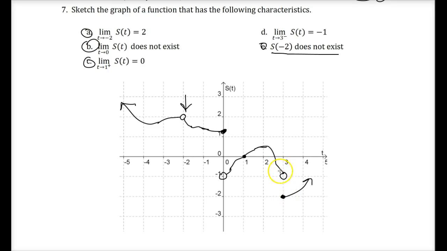In this case, since we have the jump discontinuity, in order for this to be a function, we have to have an open circle here, closed circle there. Our other option is to have open circle, open circle. But what we cannot have is closed circle, closed circle. Because if we have that, then by definition, we have not drawn a function. So those are things that have to be in place. So let's go ahead and move on to the next question.